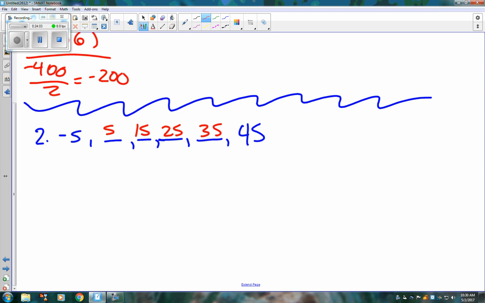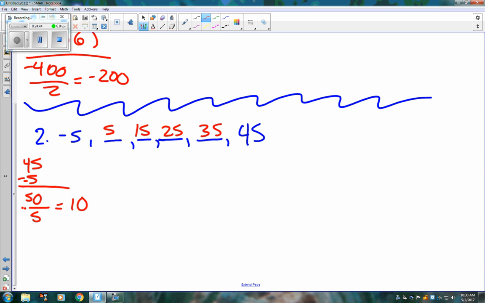How did you know to add 10? No, you subtract 5 from 45 and divide by 4. To get 10. I got the same answer, but I did it my way. Okay, you got lucky.